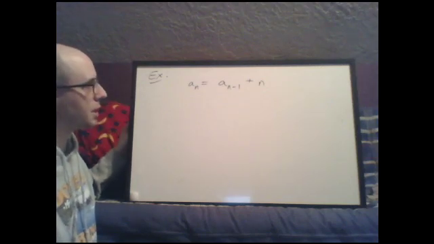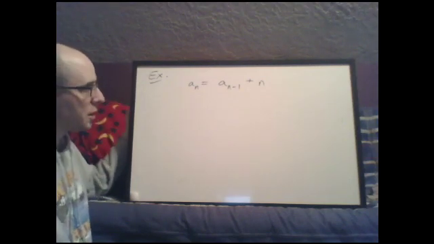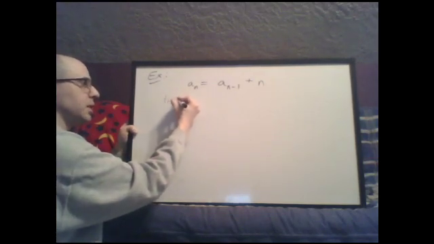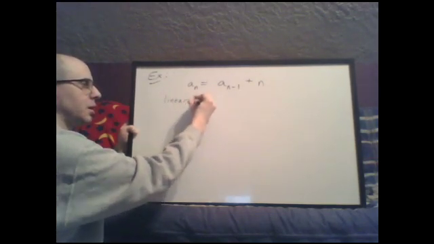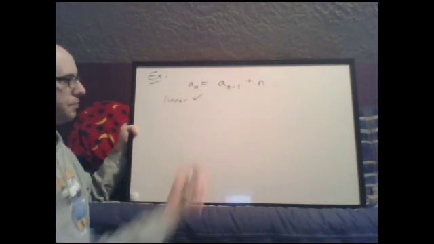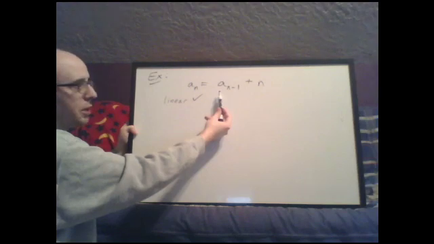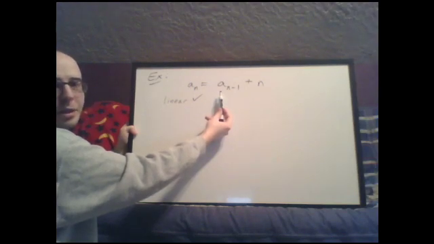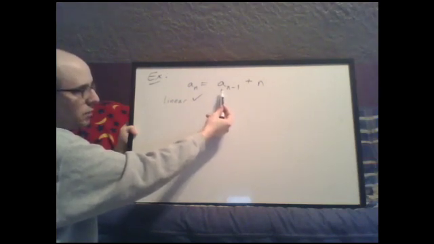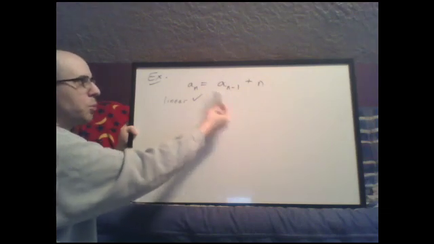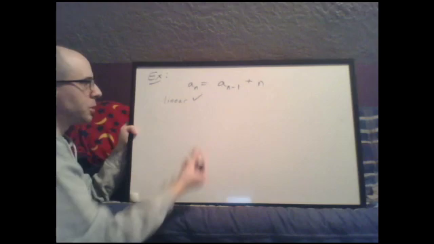I didn't explicitly define all the things as clearly as I maybe should have. But this is linear because we don't have any multiplications or exponents on a's. All the sequence terms only appear as themselves.